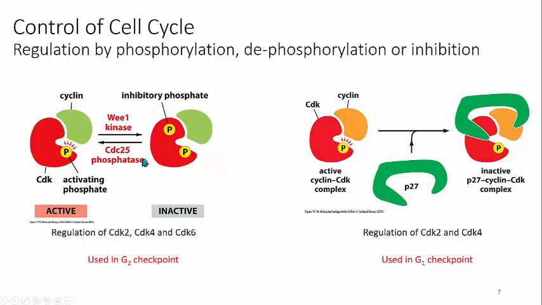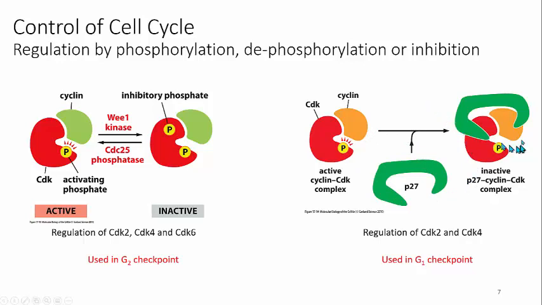There's the phosphorylation. Hyperphosphorylation inhibits the CDK, whereas the original activating phosphorylation activated it. Removing inhibitory phosphates can also reactivate it. This is the method that is used predominantly in G2 to regulate the checkpoint.